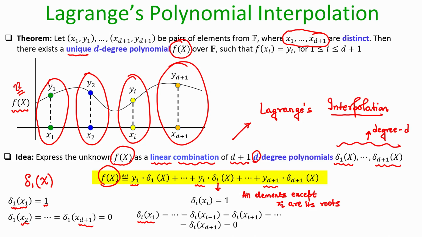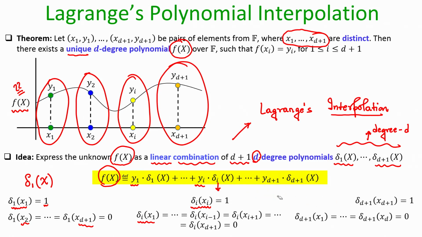But if you evaluate this delta I polynomial at x equal to x I, you should get the multiplicative identity element. And in the same way, if you take the d plus 1th delta polynomial, it has the property that all the x elements which are given to you except x sub d plus 1 are the roots.